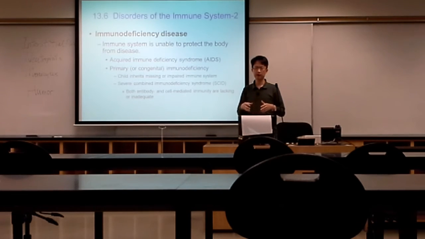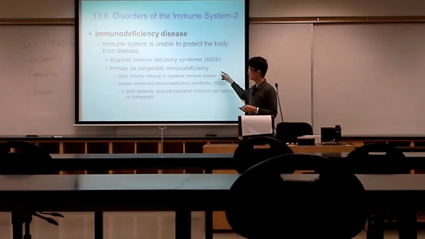When no one can detect infection, no one will send the cytokine to tell the entire army to start attacking. So even though your immune system may be intact, since you don't have any helper T cells, no one will mobilize the entire army to defend you. Then you become immunodeficient. So people who get AIDS are usually not killed by the AIDS virus per se. They are usually killed by other infection.